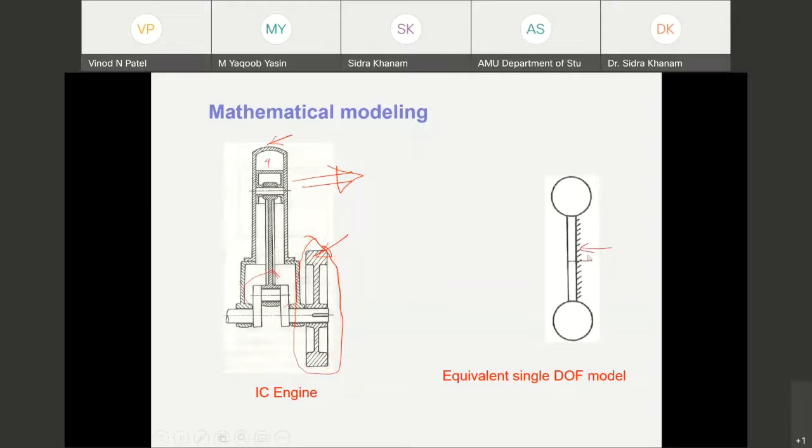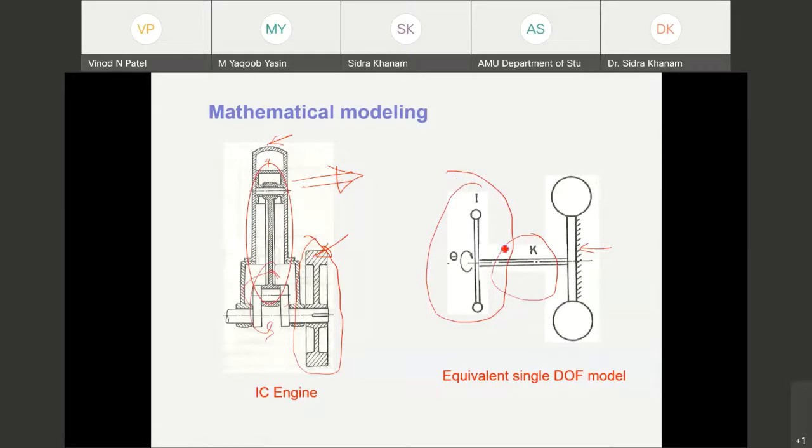Then, for the second component, the crankshaft, we can consider its stiffness here, and at the end we can consider the piston and the crank moving in a particular direction as a rotor.